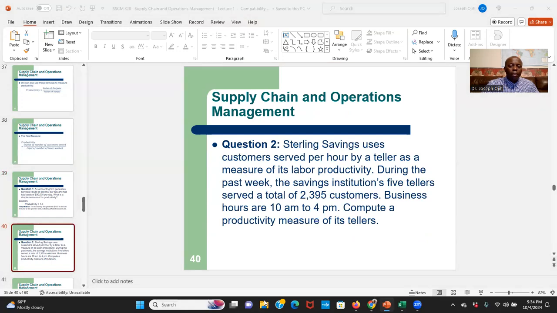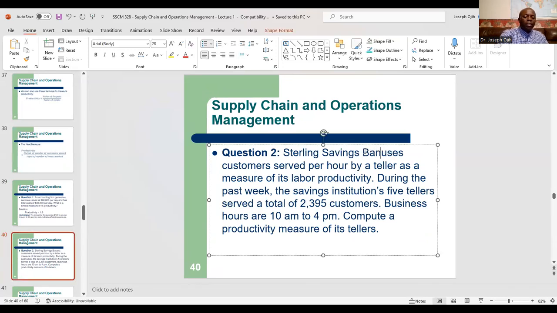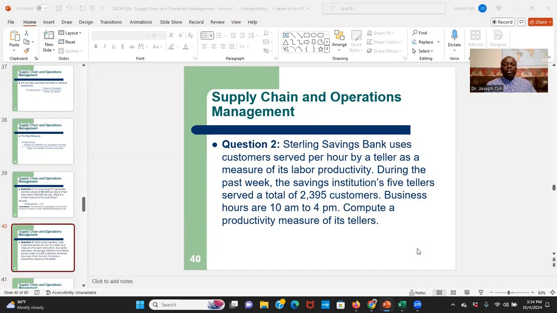It says Sterling Savings Bank uses customers served per hour by a teller as a measure of its productivity. So the bank uses how many customers are served per hour as a measure of their productivity.